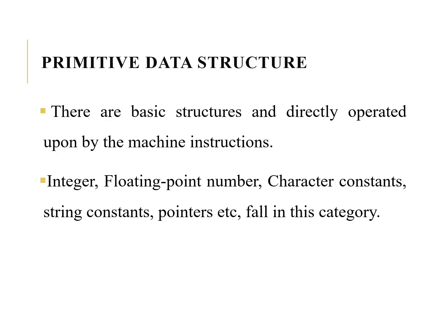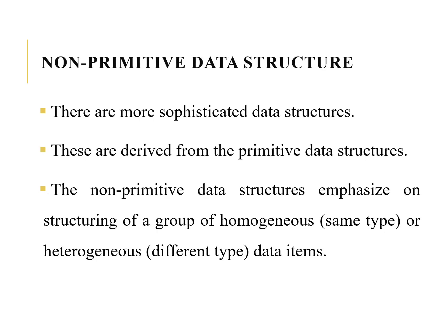Let's start with the primitive data structure. These are basic structures and they operate upon the machine instructions, like integer, float, character, strings. Non-primitive data structures are more sophisticated data structures, which are derived from the primitive data structures.